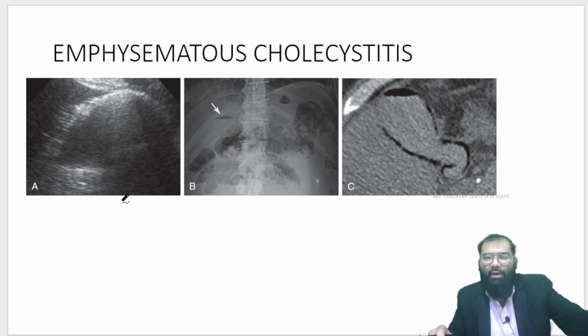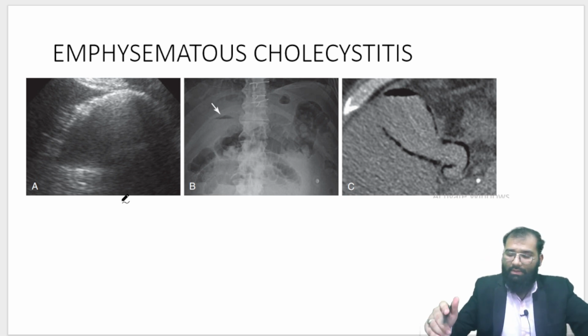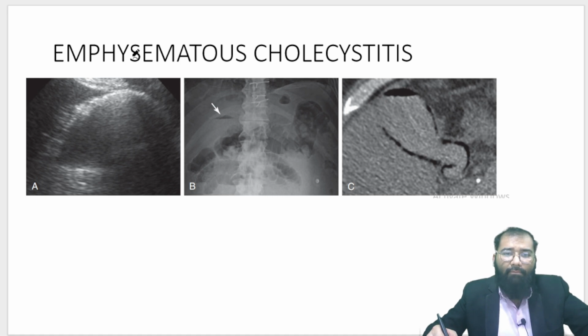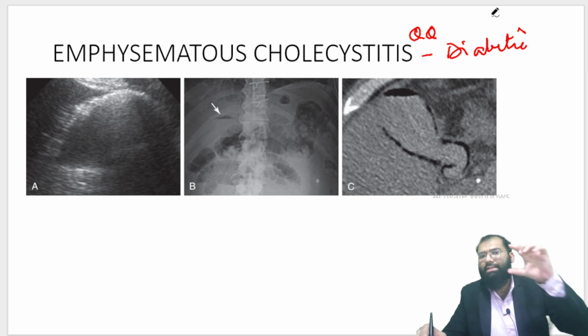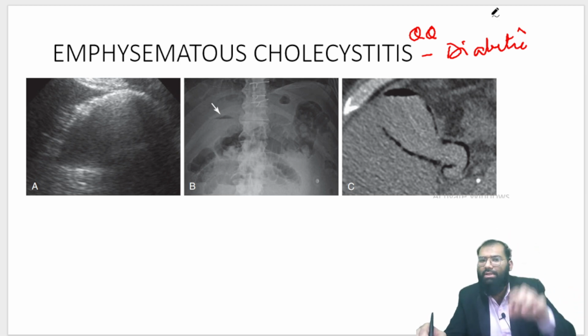Now this is again a VIP question if you know it. Emphysematous cholecystitis, a very important question which can be clubbed, that is radiology and medicine can be clubbed using this. This is classically seen in diabetic patients. As the name suggests, what do you mean by emphysematous cholecystitis?